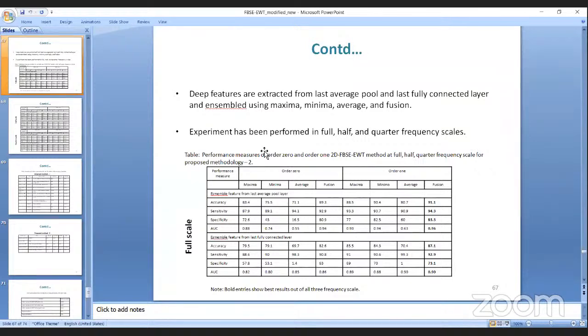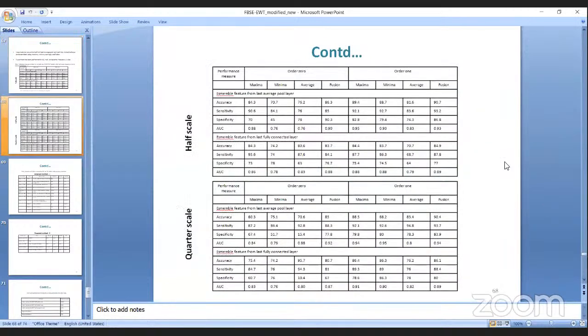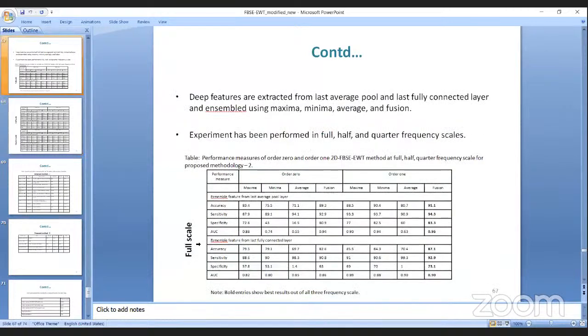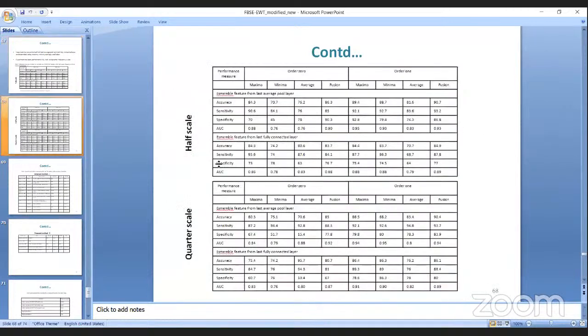With the maxima, minima, average, and fusion operations, different classification performance has been achieved. This one is for full scale, these are the results for half scale in the deep neural network framework, and this is for quarter frequency scale.